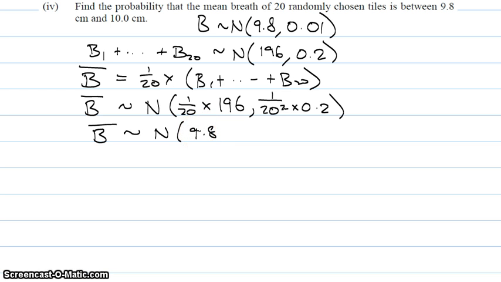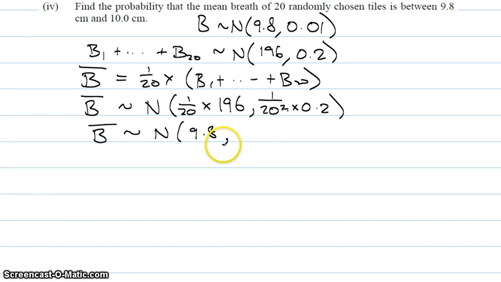But the variance is what? Sorry, the variance is 0.2 divided by 20 squared. So 0.2 divided by 20, divided by 20, is 0.0005.